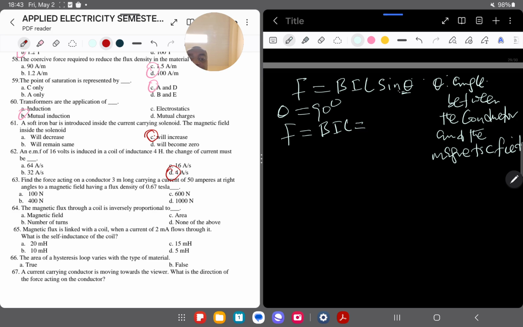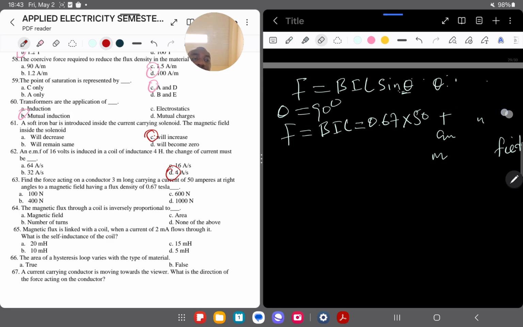The force is now going to be the magnetic flux density, which is 0.67, times the current, which is 50, times the length, which is 3.